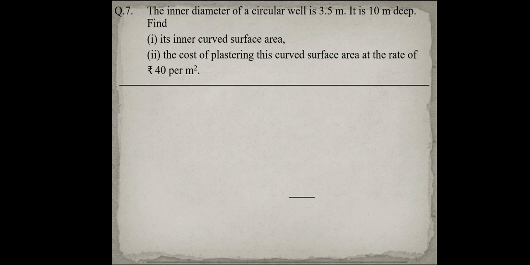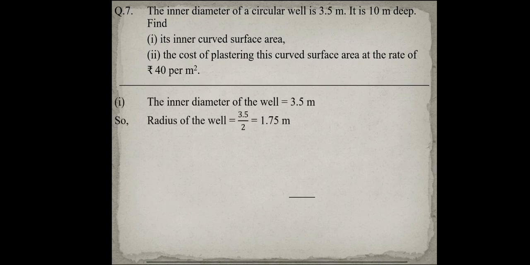Now its depth is 10 meter, and the diameter is 3.5 meter. So the radius of this would be 3.5 upon 2, 1.75 meter. This is the radius of the well. Now depth means this is the height of the well, that equals 10 meter.